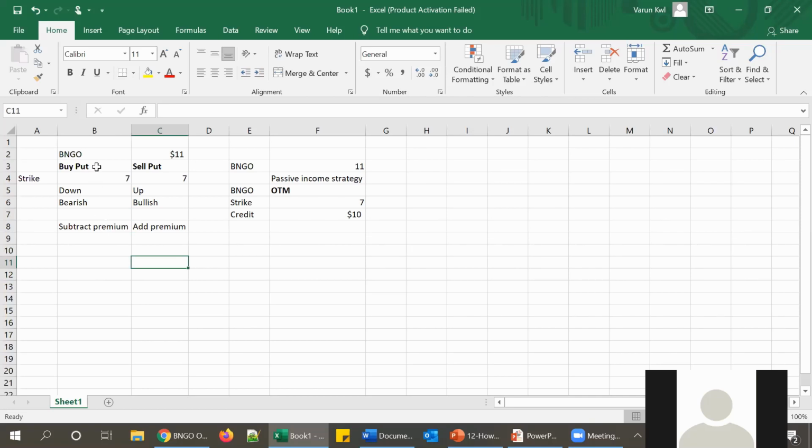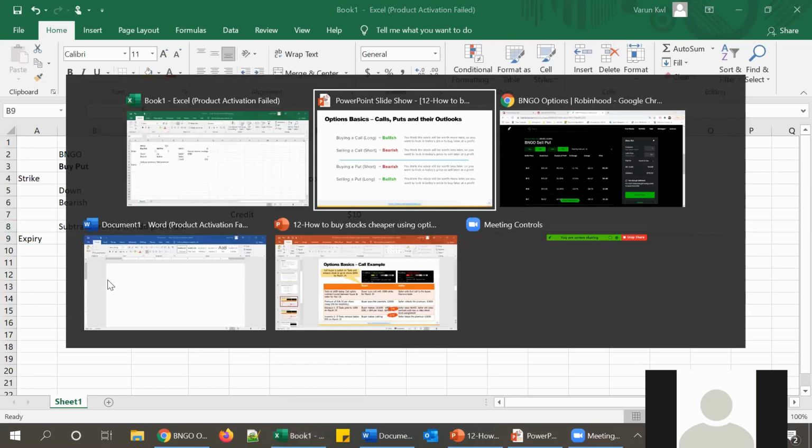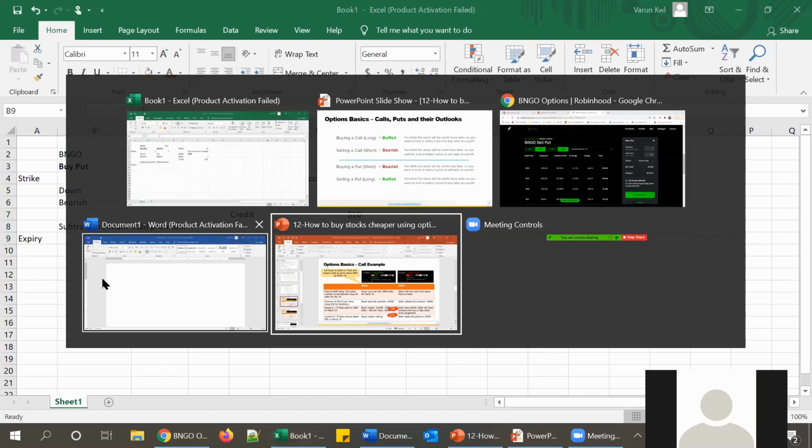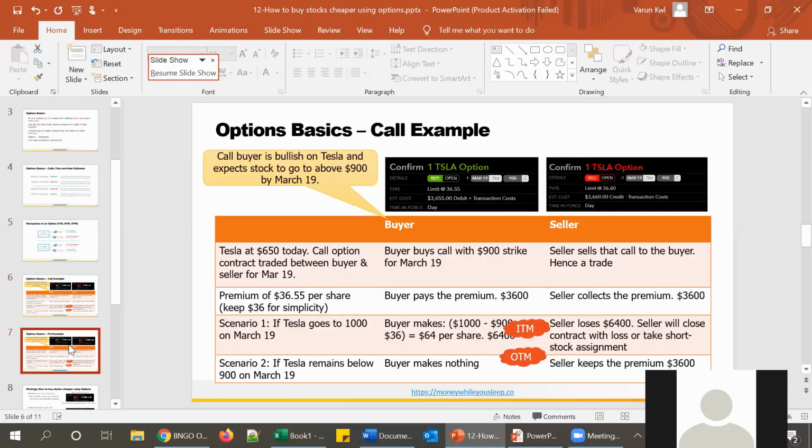Yeah. Buyer of a call is going to lose this premium, let's say on expiry date, and this is what I have covered in this particular example of call and put.